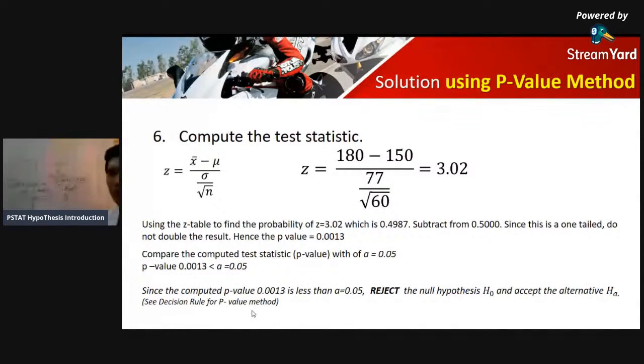So basically, if you see that the value 0.05 is quite small, what is the probability of 0.05 in a one-tailed test?